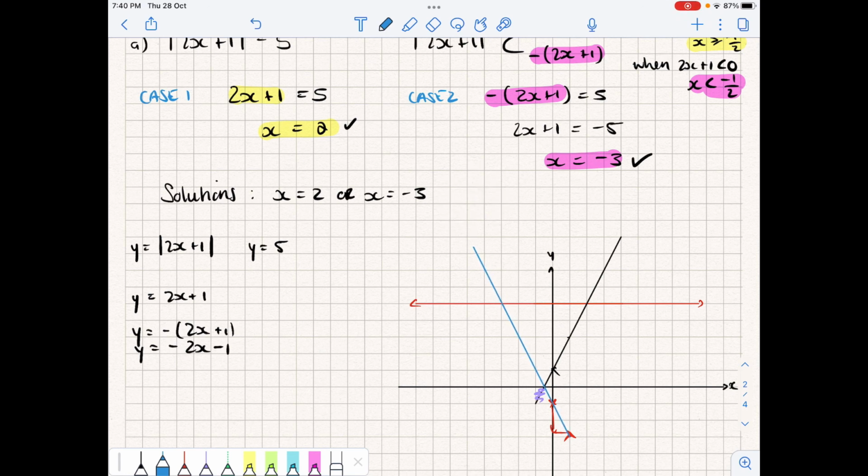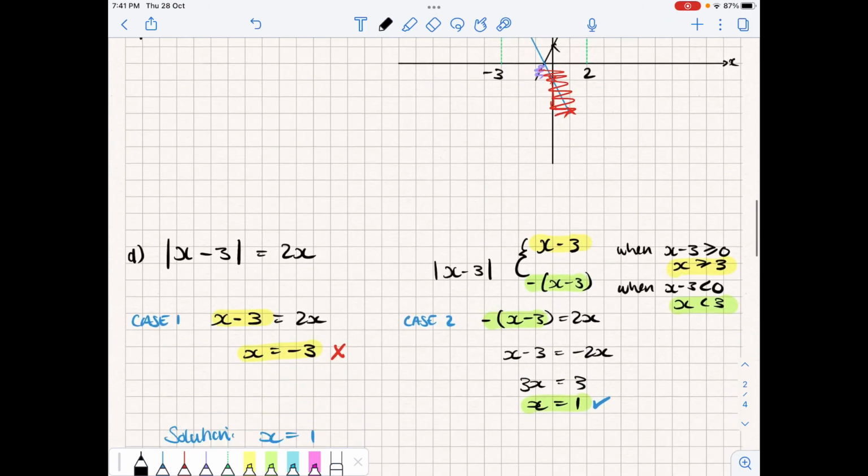And there we get our function. And again, just ignore all the solutions down here because we're not interested in them. Now, if you have a look, we'll see we have two intersections here. And if we drop those down to the x-axis, we can see that those are happening at negative 3 and positive 2, just like the two solutions that we got.